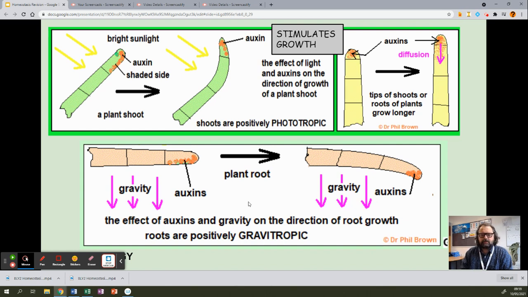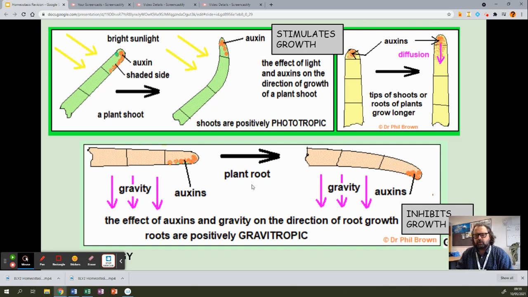Okay, so in this case, annoyingly, for when you're revising, the auxin prevents the underneath of the root from growing as fast, and this means that the top of the root will grow quicker and the root will bend downwards. So tropisms are the word we use to describe plant growth in relation to a stimulus.